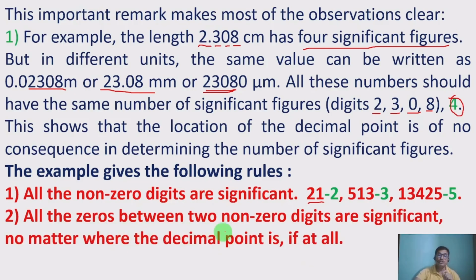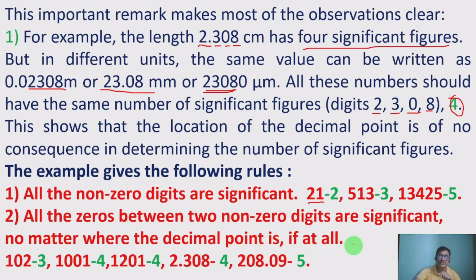all the zeros between two non-zero digits are significant, no matter where the decimal point is, if at all. Even if there is a decimal point, if a zero is between two non-zero digits, that is also significant.